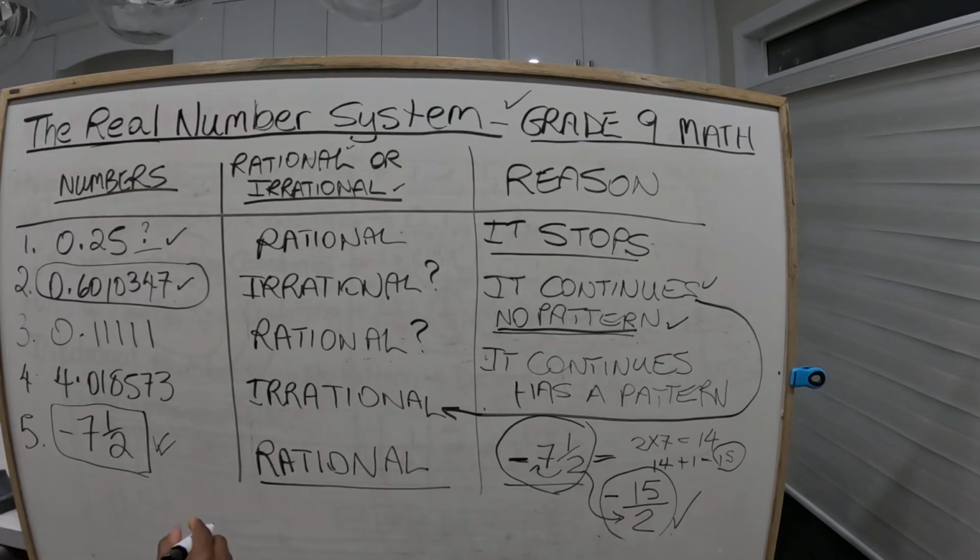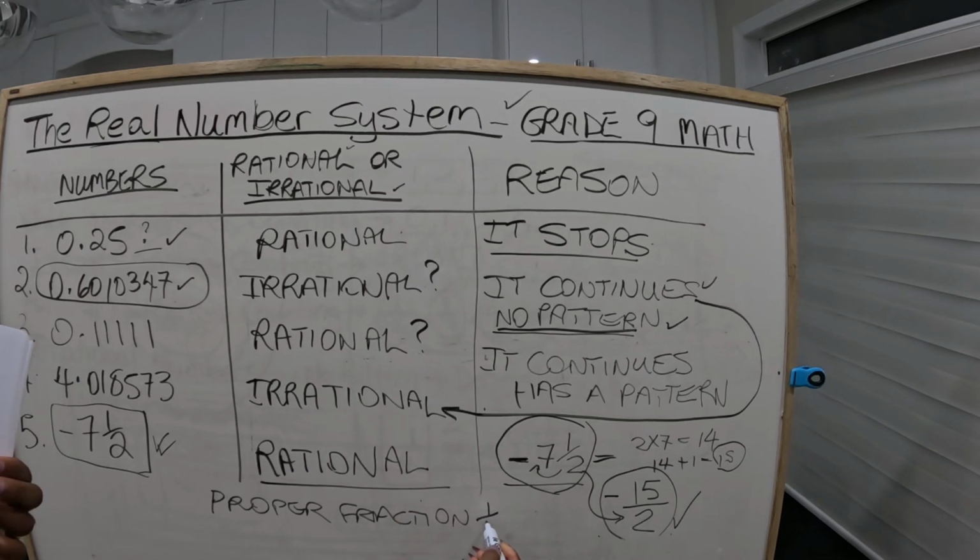Let me just write it here. So a proper fraction is like a half or a quarter or even 3/4, because the denominator is bigger than the numerator. And these are called proper fractions.